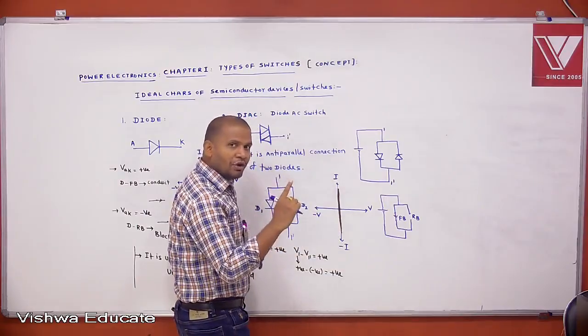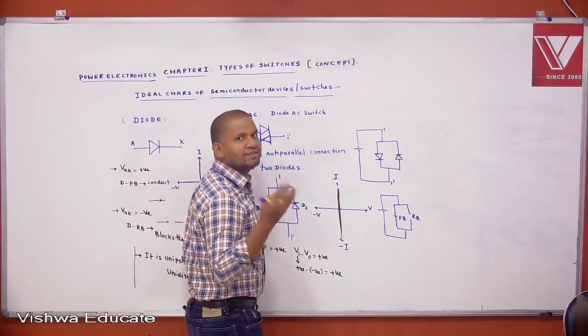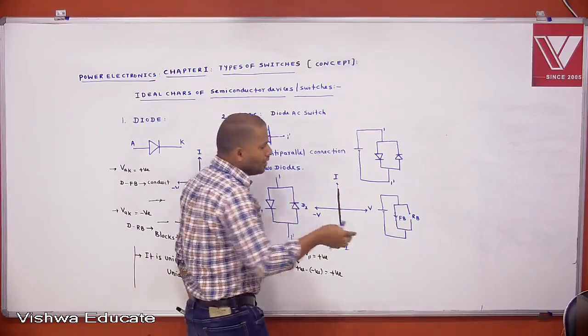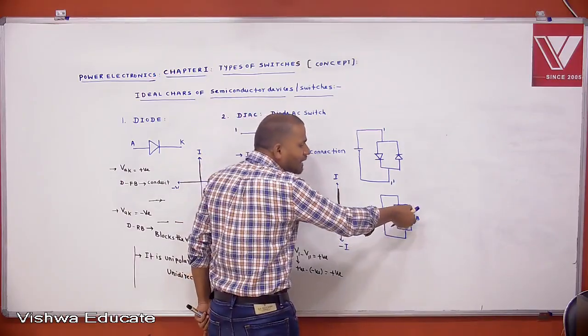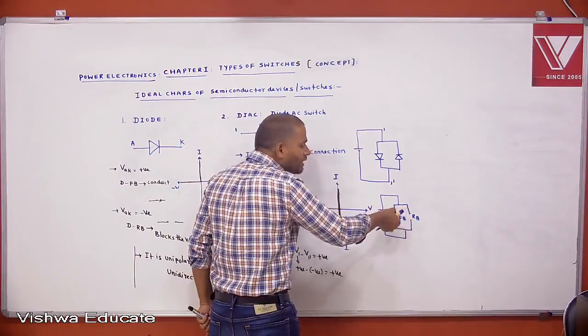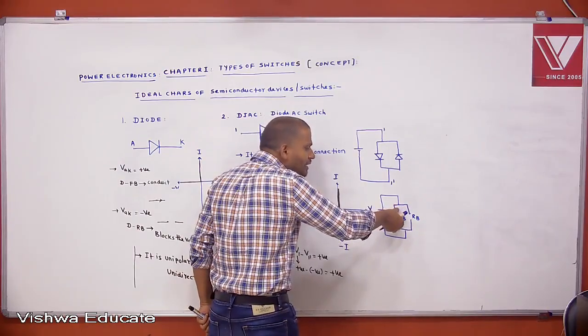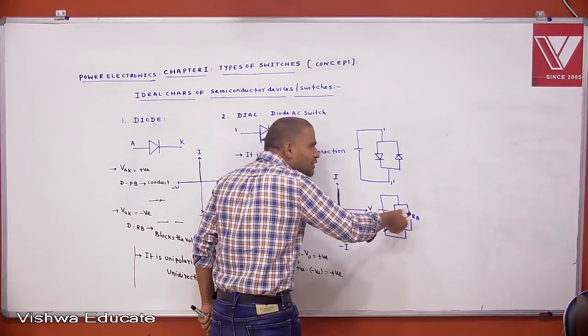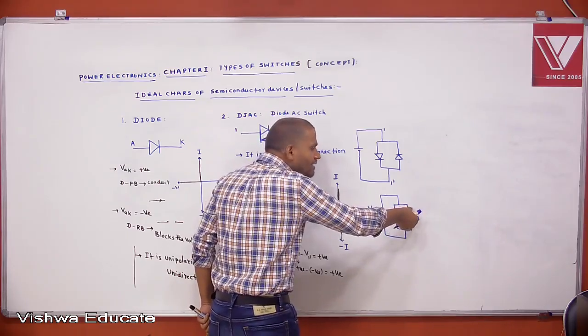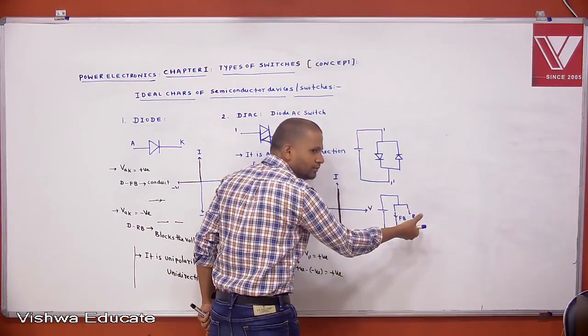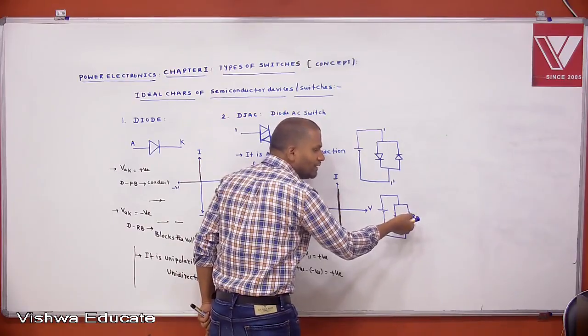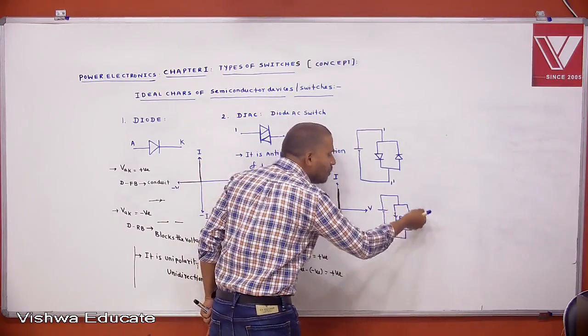If one diode is conducting, the total device is conducting. Because these two are in parallel, the voltage across the other diode is also 0, because it is a parallel connection.